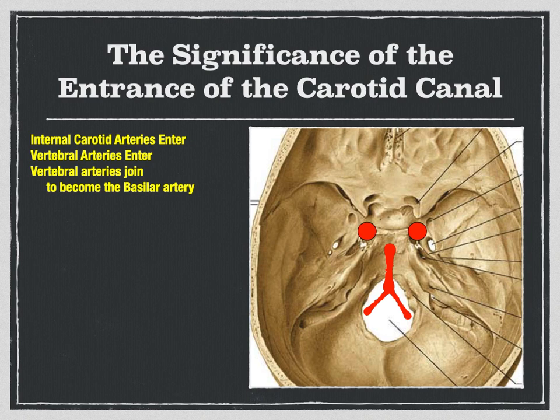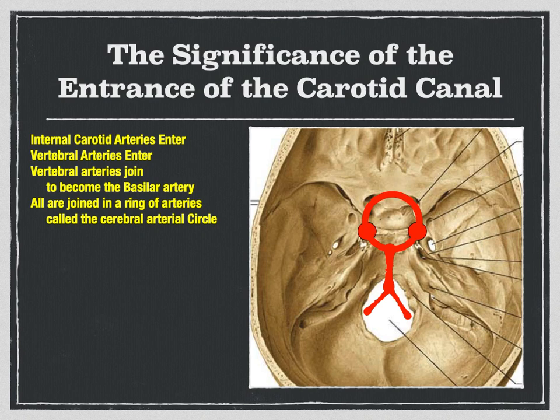The other thing that makes this more interesting is that these arteries then are joined by a circle of arteries that unite them. And notice that that circle then surrounds the pituitary gland and the hypothalamus of the brain. That's no accident, as you're going to see in a minute.